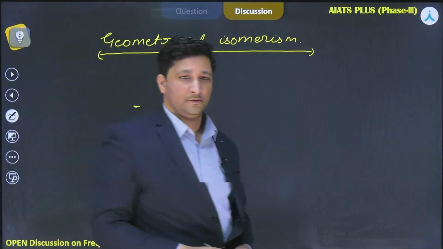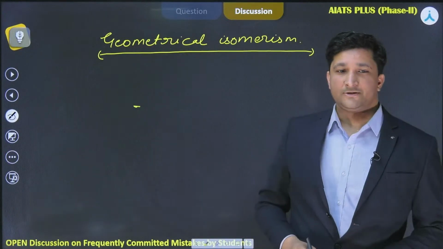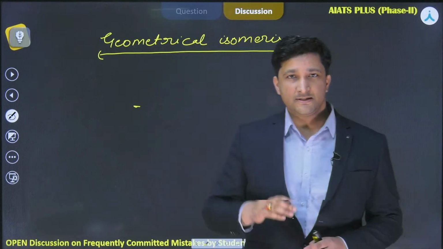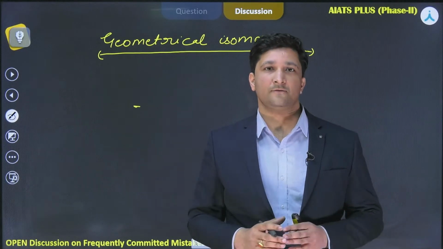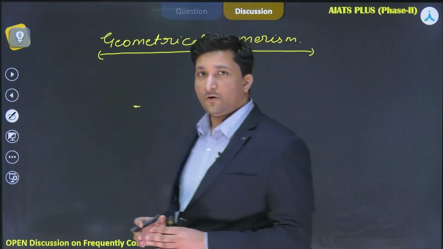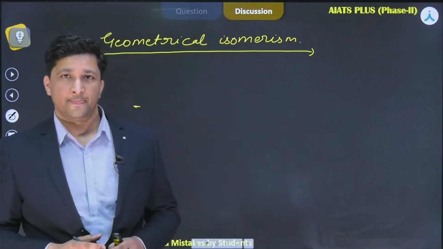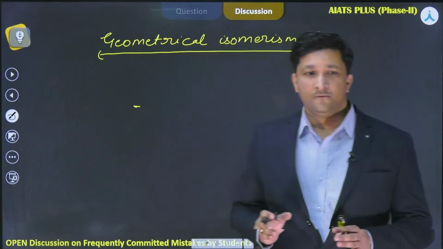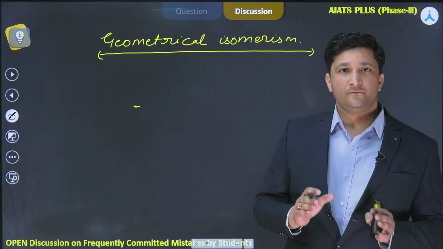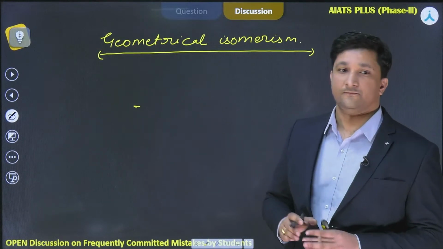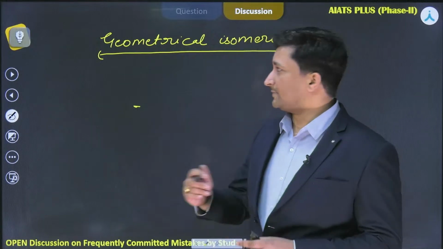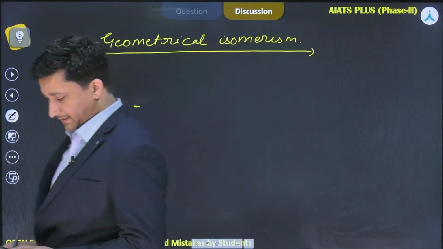Devesh Kumar has answered, but let's discuss it. These are the compounds which have the same molecular formula but differ in their geometry. Why do we have to understand this? Because the compound showing one type of geometrical isomerism will have different properties from the other isomer.